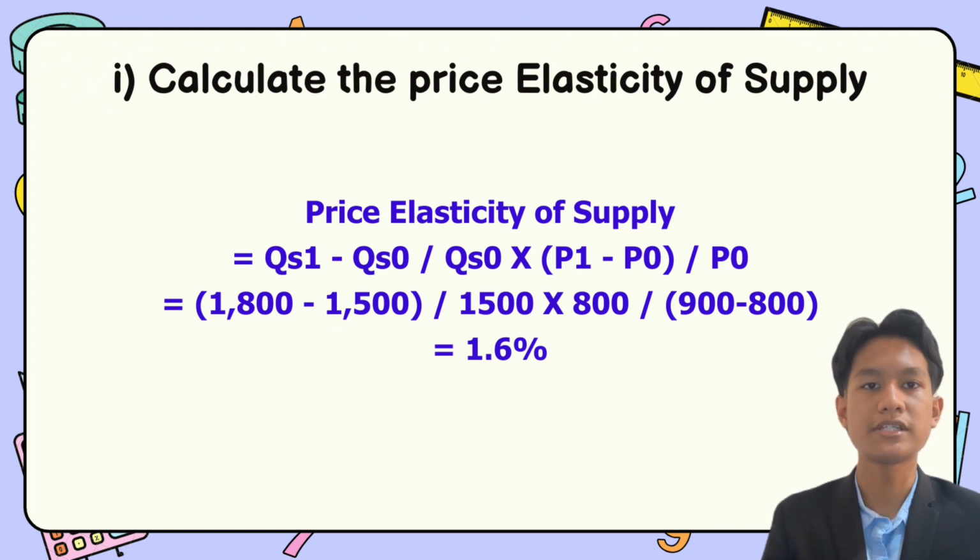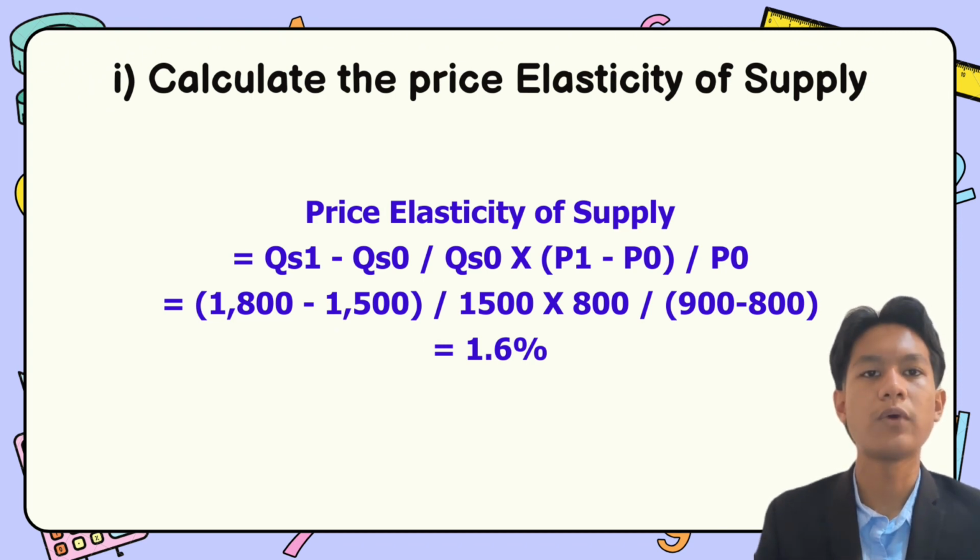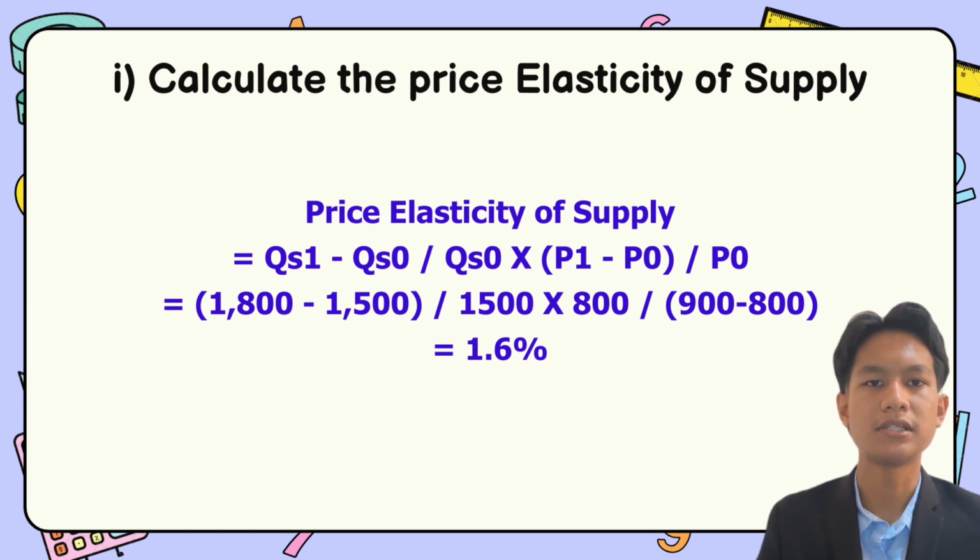From the question, the new quantity is 1,800, the old quantity is 1,500, the new price is 900 ringgit, and the old price is 800 ringgit.